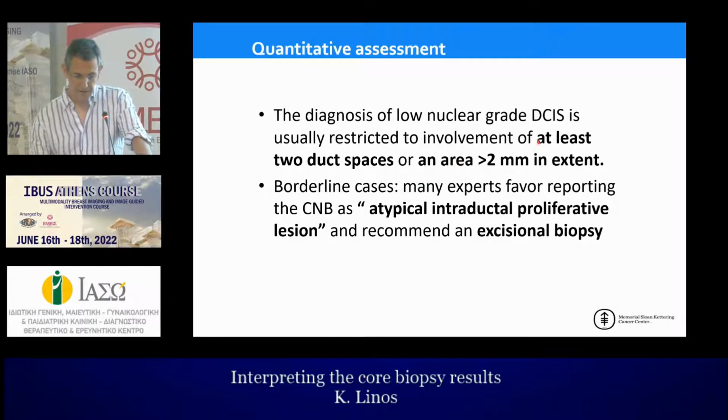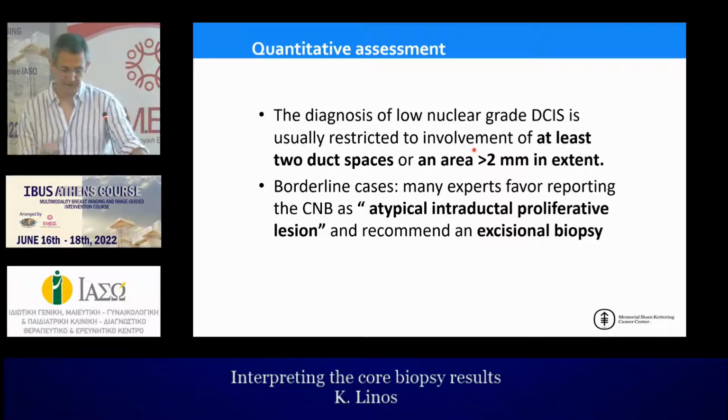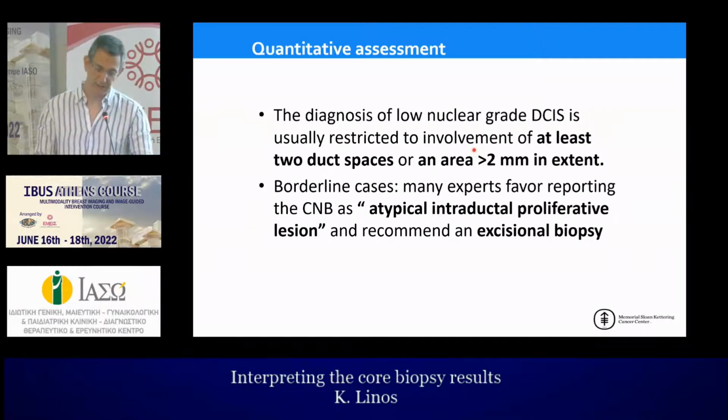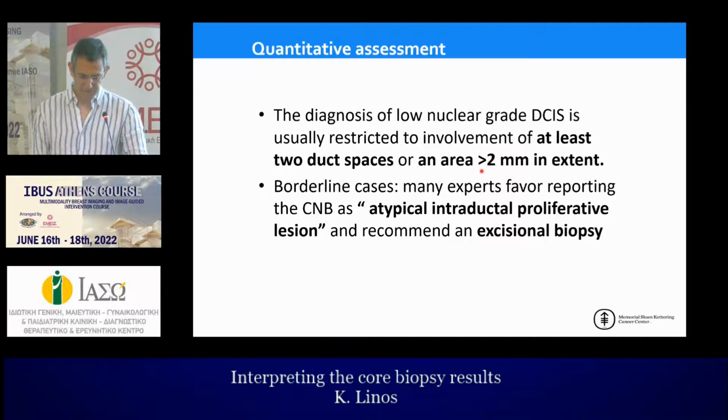The diagnosis of low-grade DCIS is usually restricted to when you have at least 2 duct spaces or an area which is more than 2 millimeters. If it's less than that, it's an ADH. And in borderline cases, if you can't really make a distinction between the two, then many experts report this as an atypical intraductal proliferative lesion.